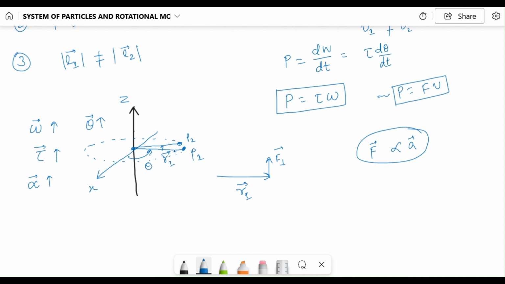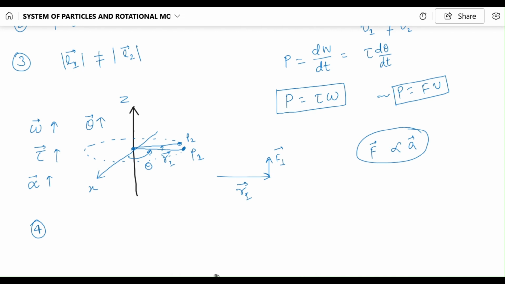Now, if it is slowing down, then torque is not along the positive, rather it is along the negative z direction. The angular acceleration will also be along the negative z direction, and that will slow down this angular velocity, as it happens in case of linear motion. Okay, so let's continue our discussion.